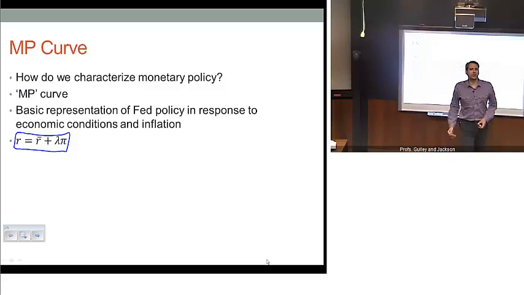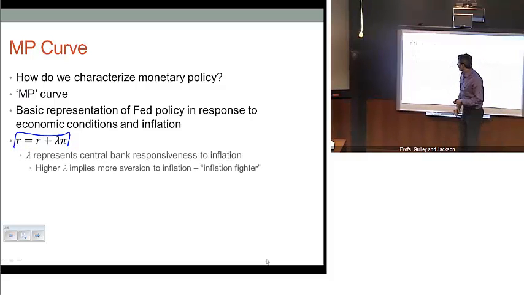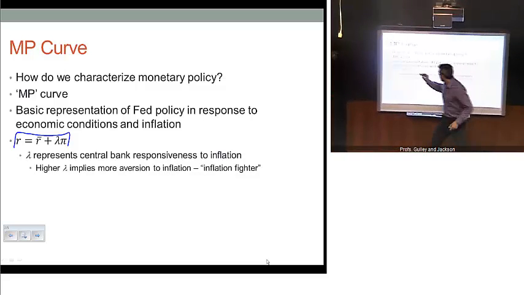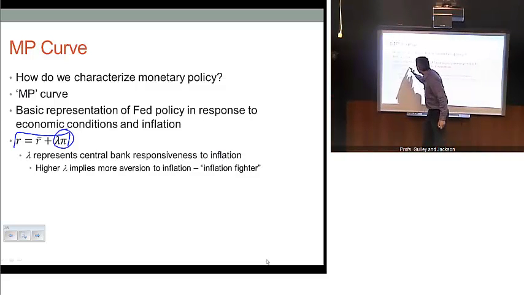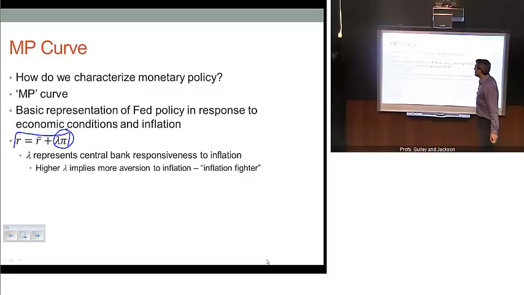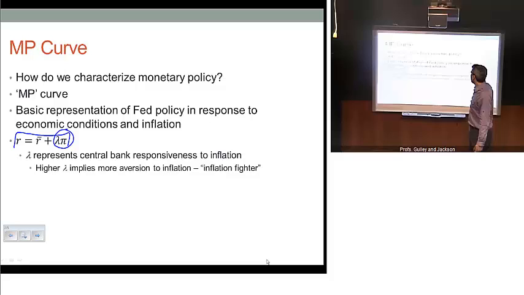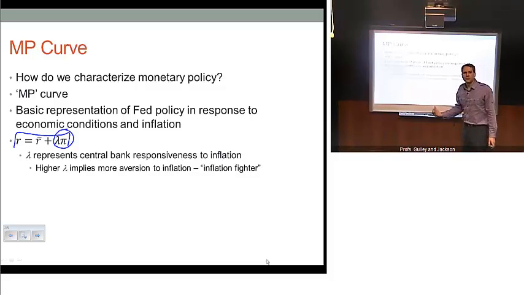So this tells us how the real interest rate, which is the thing that actually impacts the real economy, behaves according to a couple of things. On the one hand, we have this component right there, which is the inflation rate multiplied by lambda. That lambda represents how responsive the central bank is to changes in the inflation rate.